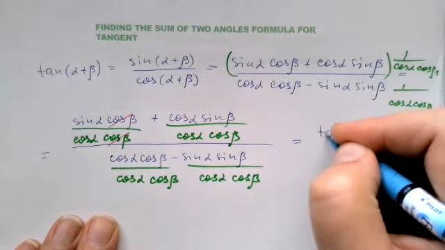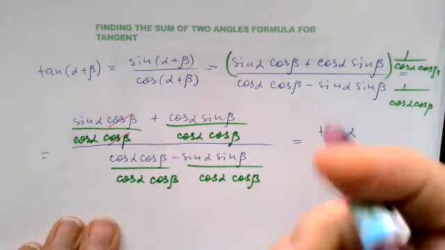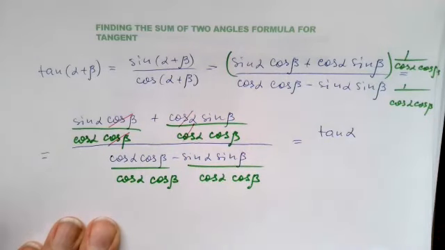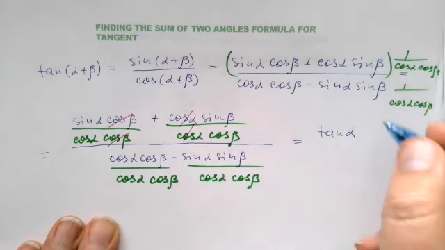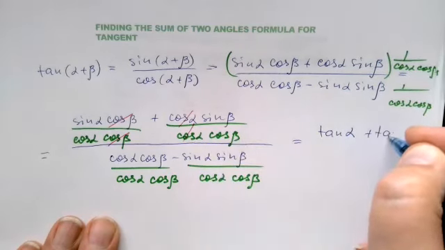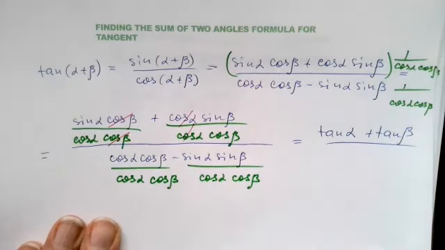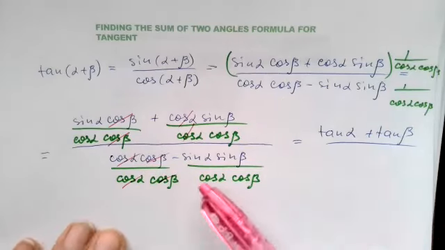Well, that's clearly tangent alpha. Then when we cancel out cosine alpha in the second term in the numerator, we get sine beta over cosine beta, which is tangent beta. Here, both cosine alpha and cosine beta cancel out.